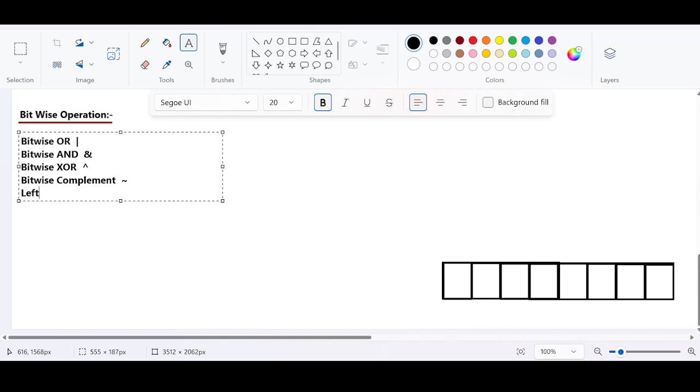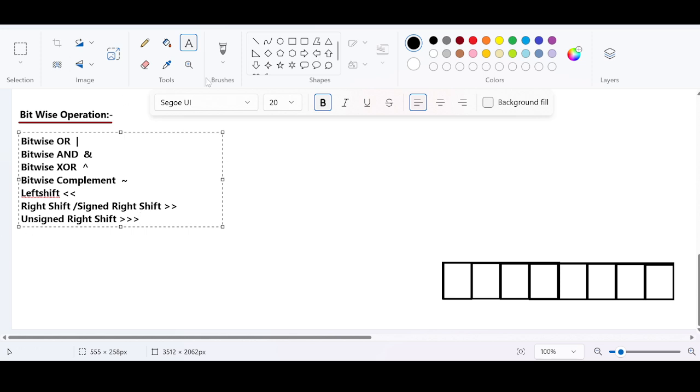Okay, you have the left shift operator, with two angular brackets pointing towards the left side, and you have the right shift, or signed right shift, with two angular brackets pointing towards the right side. And you have the unsigned right shift. You will understand each and everything in detail. After this, we will come back to the primitive data types. So this understanding is important.